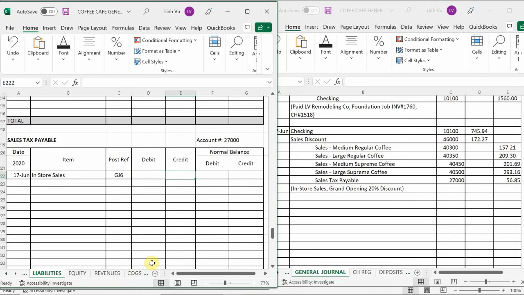And it'll be $56.83. That's 85 cents. 85. Okay, so we are all covered. Yep.